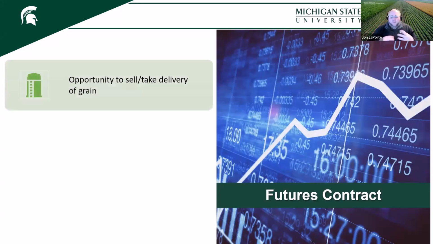So the first thing to understand about a futures contract is that it is your opportunity to sell or take delivery of grain. This is a very important concept, because everything about a futures contract is that you are either going to take delivery of grain or sell grain based on these contracts.